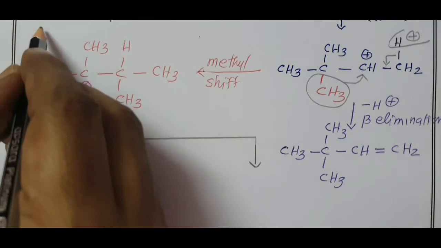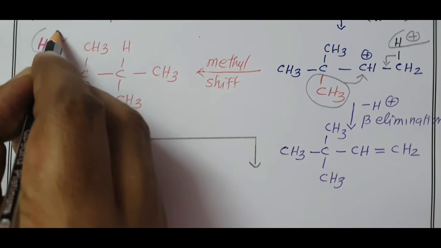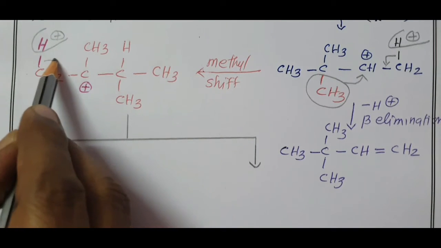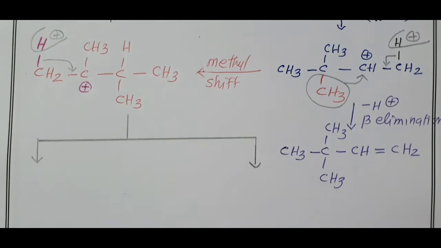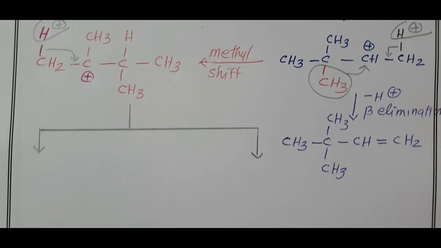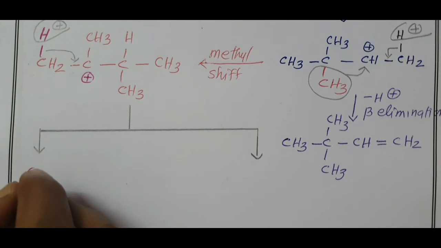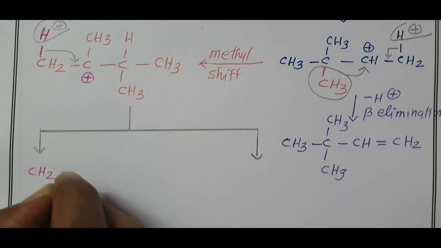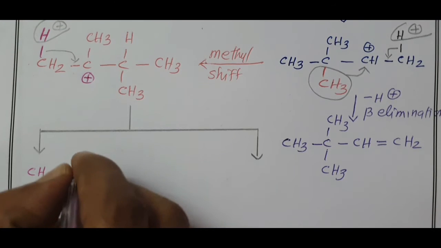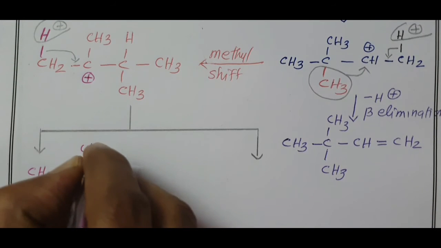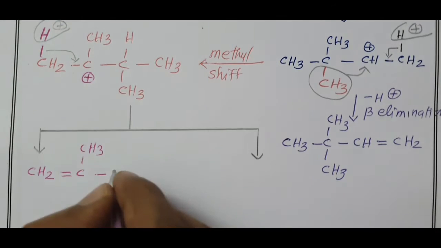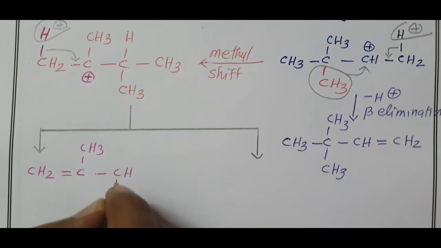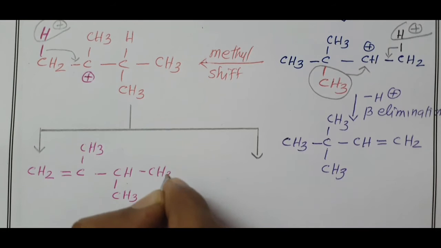If this hydrogen is removed as H plus, this bond is shifted between the first and second carbon atoms, giving an alkene with the molecular formula CH2 double bond C, here you have one methyl and one more CH3 and CH3.